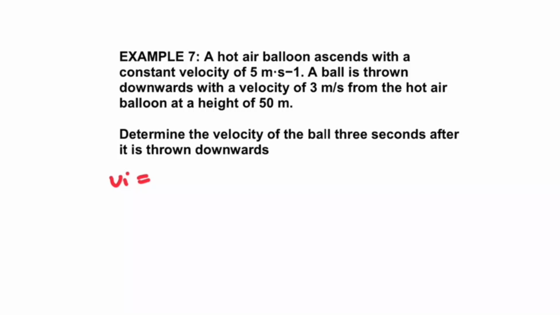So if we take up as positive, then the velocity of the balloon will be 5 plus the velocity at which it is projected. It is projected at 3 meters per second downwards. So if up is positive, down will be negative. So we have 5 plus minus 3, which will give us 2 meters per second. So this is actually the initial velocity of the ball.